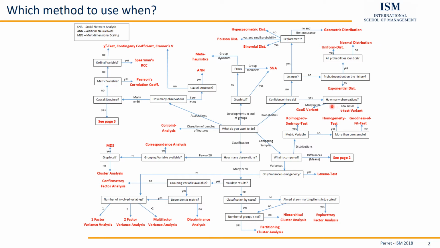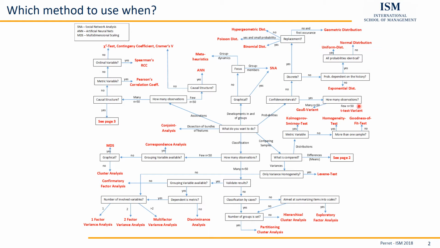If you have a lot of observations, or if you already have a theoretical value for the variance or the standard deviation, you can go with the Gauss variant with the Z distribution. If you have a few observations, then you could go with the t-test variant, the t-distribution variant.